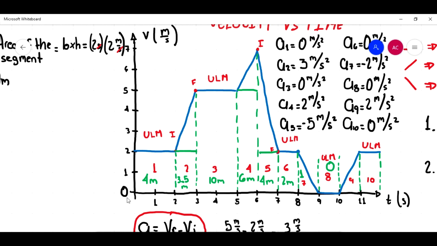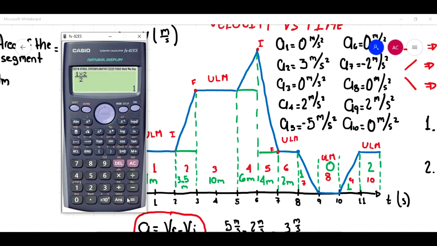If you see the acceleration, segment number 7 and segment number 9 are going to be exactly the same. 1 times 2 over 2, that is 1, and this one is 1 times 2, which is 2.